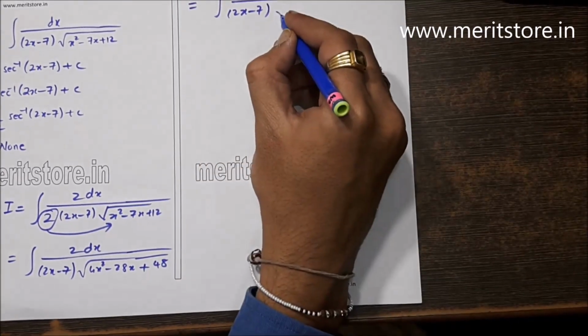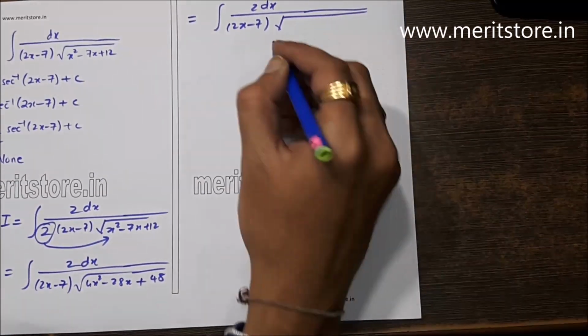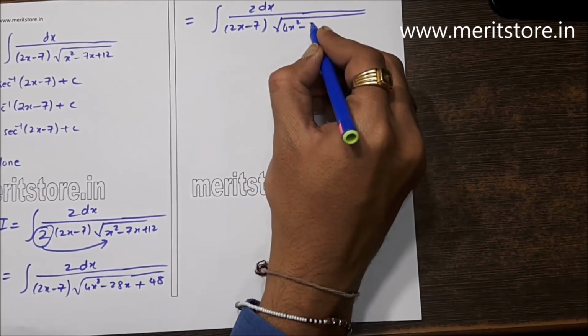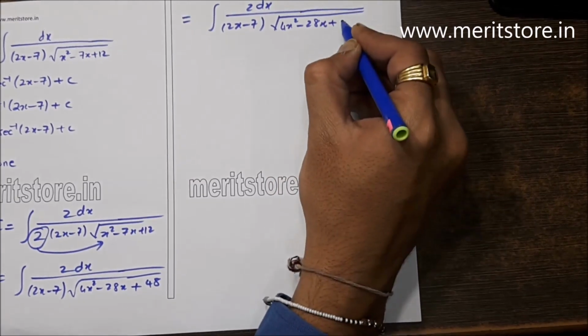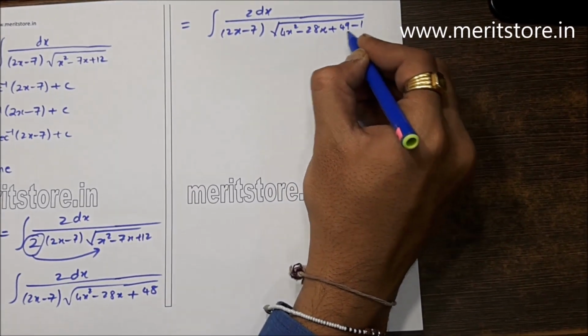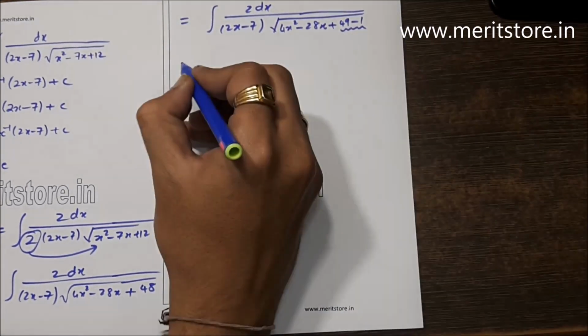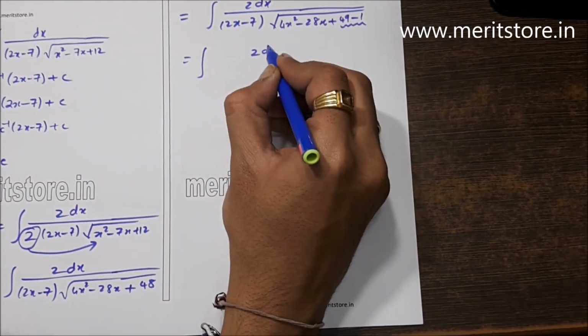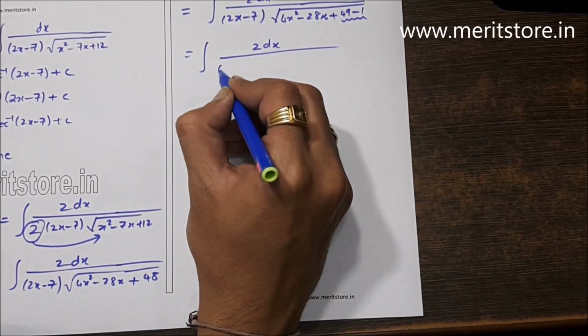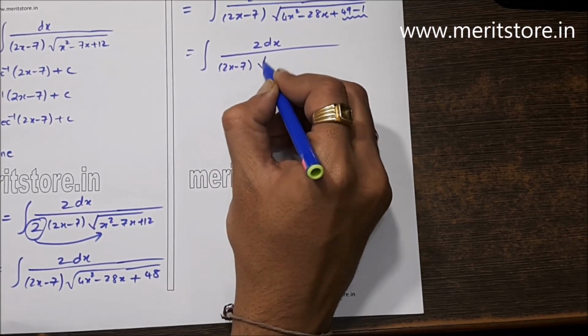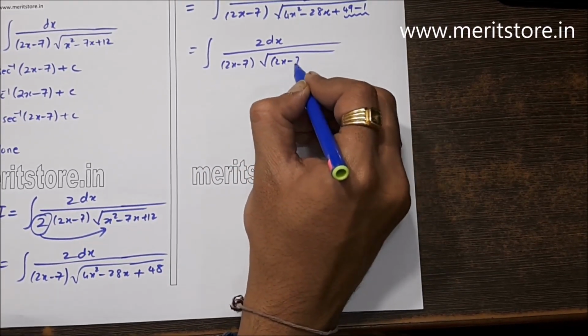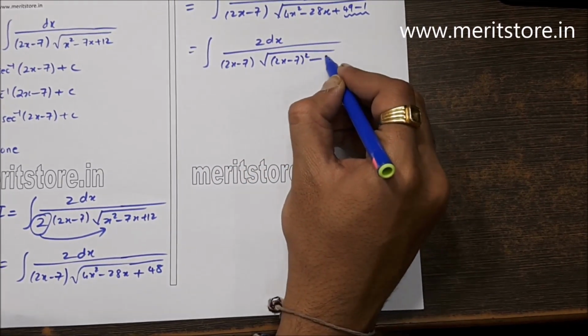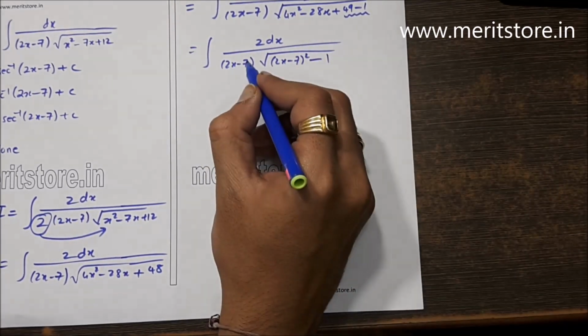This term is root of 4x square minus 28x. I'm writing the 48 as 49 minus 1. By doing this it becomes 2 dx upon 2x minus 7 upon root of 2x minus 7 the whole square minus 1.